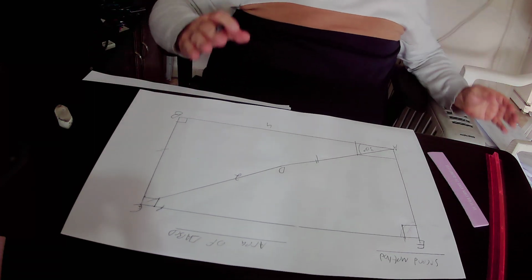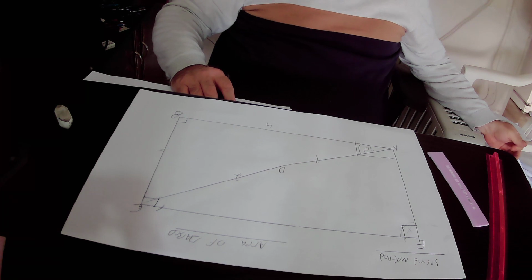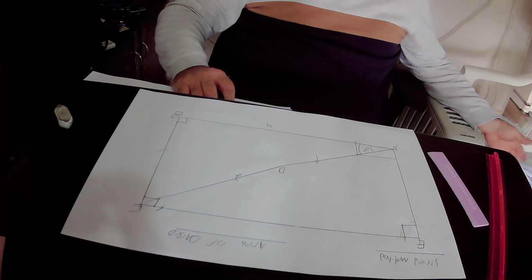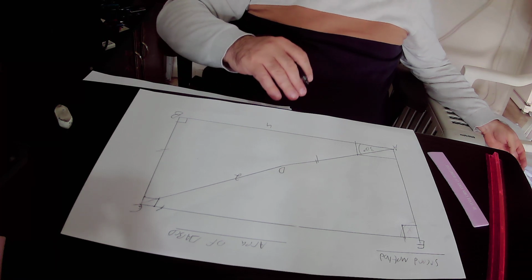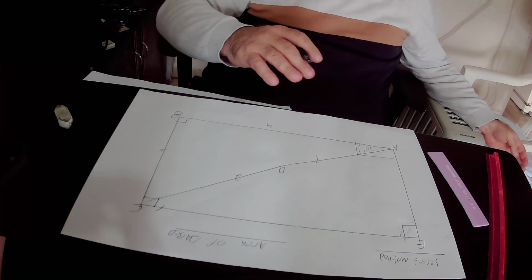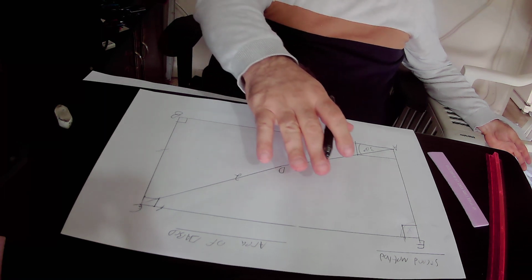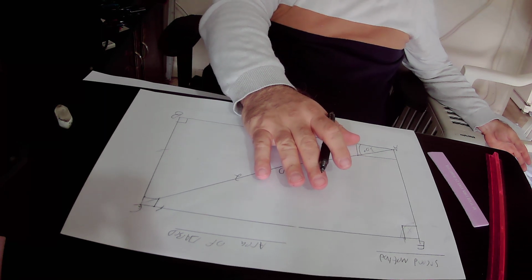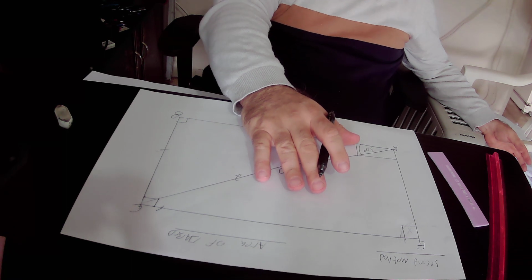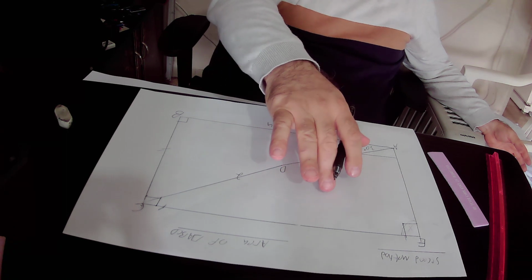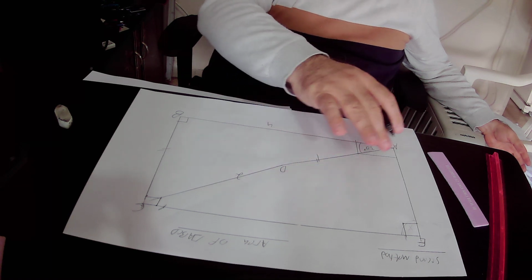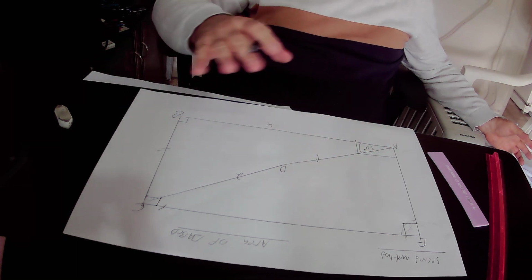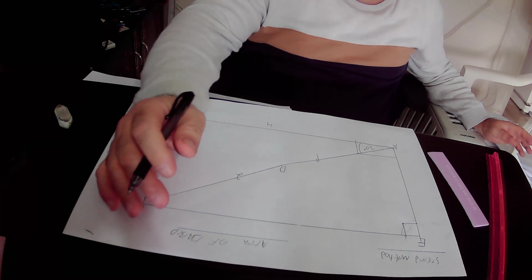According to rule number 2, the opposite sides of a rectangle are equal to each other. This is actually rule number 3. The opposite sides of a rectangle are equal. First of all, we know that any quadrilateral that has four right angles, like in this drawing, quadrilateral AECB has four right angles, therefore it must be at least a rectangle.